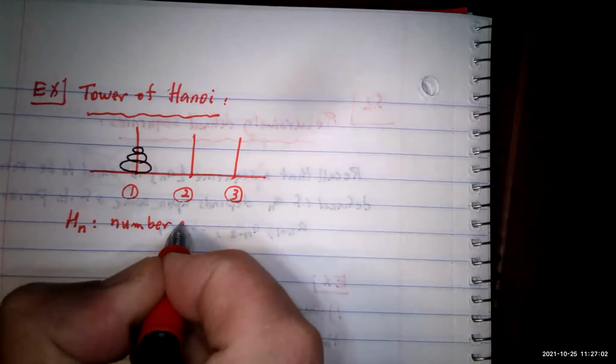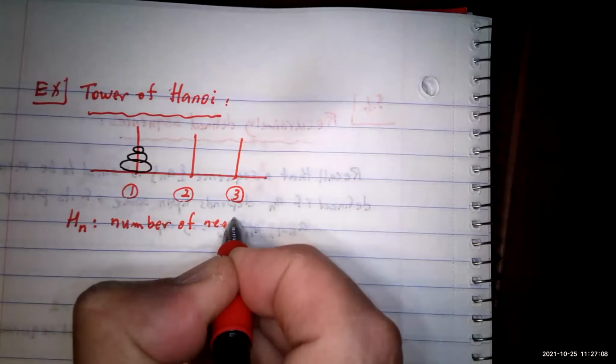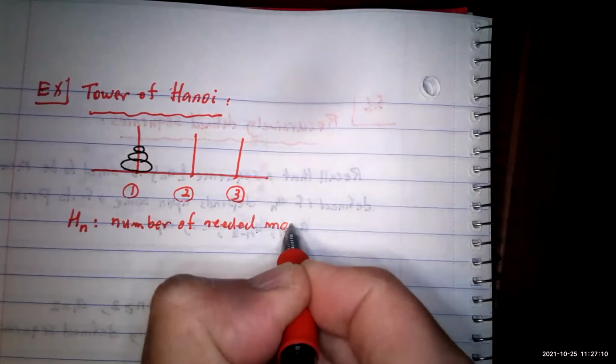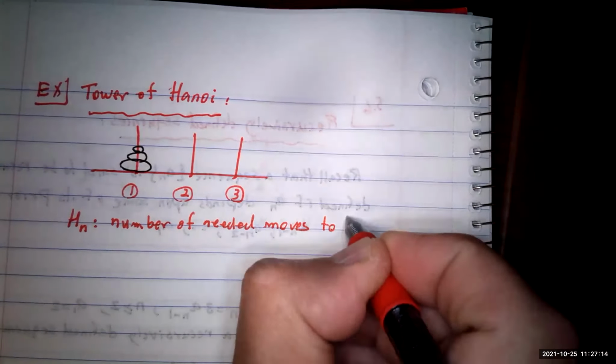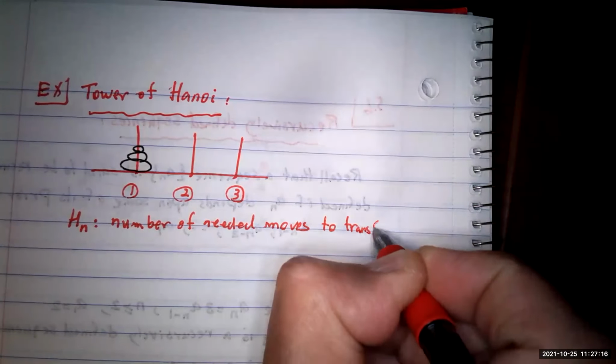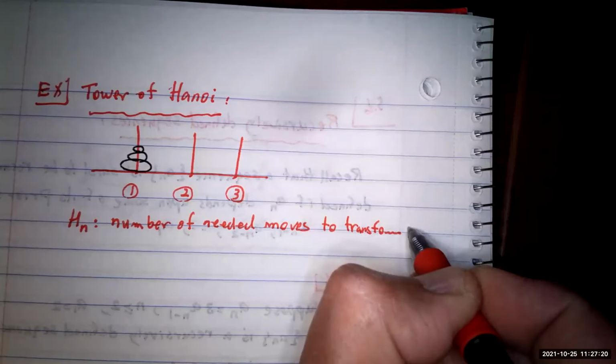So let Hn, this is an expression that you have to know. Hn is the number of needed moves to move or to transfer n disks.